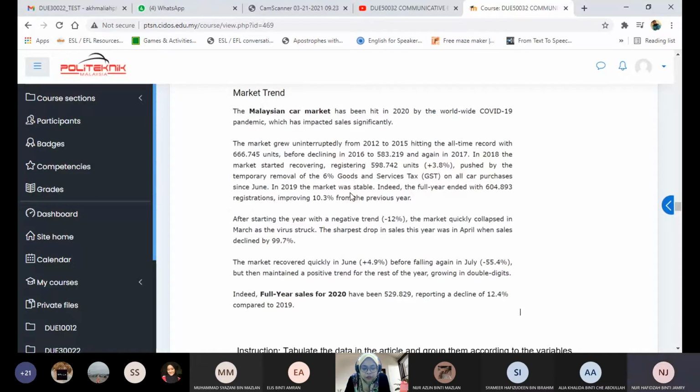Tapi kalau you nak tengok dia punya pergerakan from 2012 to 2020, so you boleh tulis lah the changes of the sales report of Malaysian car market from 2012 to 2020. Alright, so kita tengok one by one, line per line.